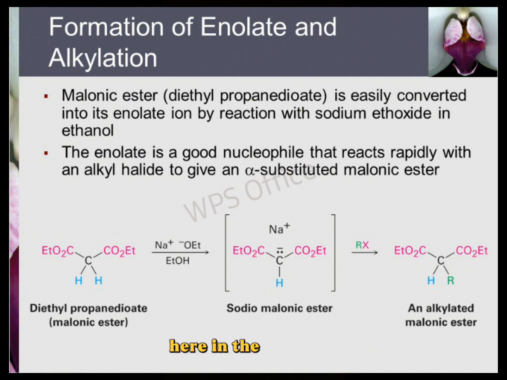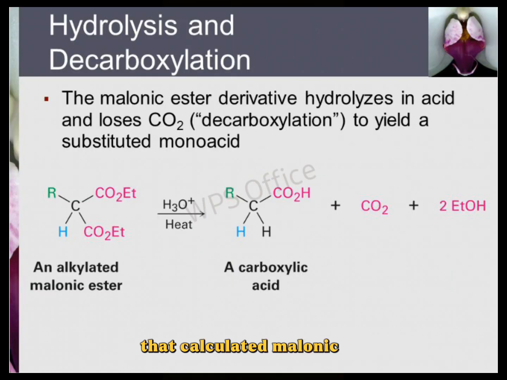In the figure below, the first example is diethyl propanedioate, also known as malonic ester, which yields the sodium malonic ester, and then the major product, the alkylated malonic ester.